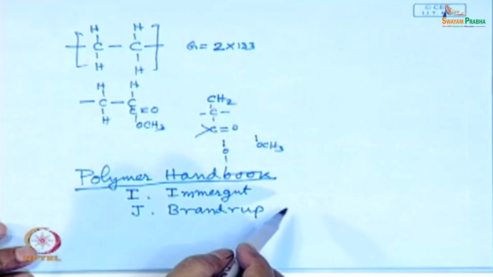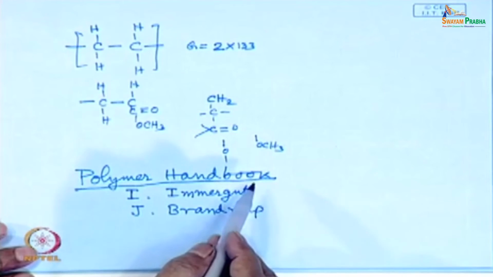You look at that and you will get several physical constants for polymers, these molar attraction constants, Tg values of different polymers, Tm values of different polymers, many physical data you can get from those books.